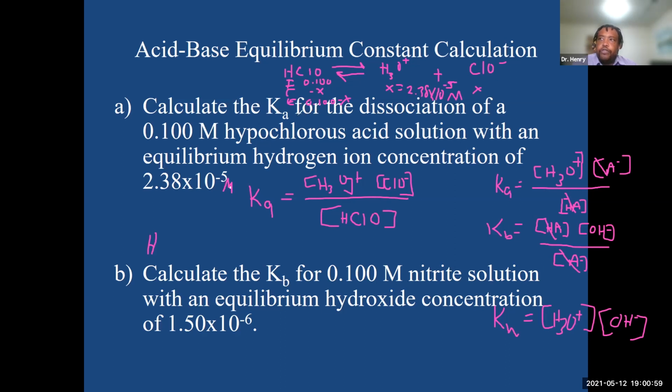Then we just subtract that value: 0.100 minus 2.38 times 10 to the minus 5. You're going to get a really small change, so basically this number isn't going to change too much.